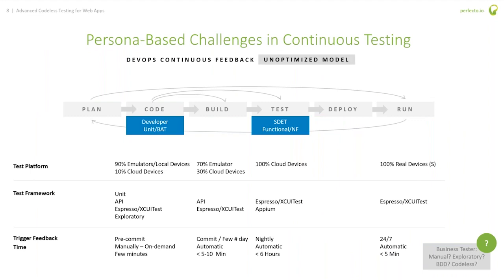Unfortunately, and that's what led to the objectives of Perfecto behind launching Perfecto Codeless, is the following. We've just described the different personas, but when you visualize these personas in the phases of DevOps, you see that developers and dev engineers, if you like, are very active in the coding phase, the very early phases of the software iteration, and they do a bunch of things like unit testing, build acceptance testing, and they use a specific set of frameworks: Selenium, Protractor, WebDriverIO.